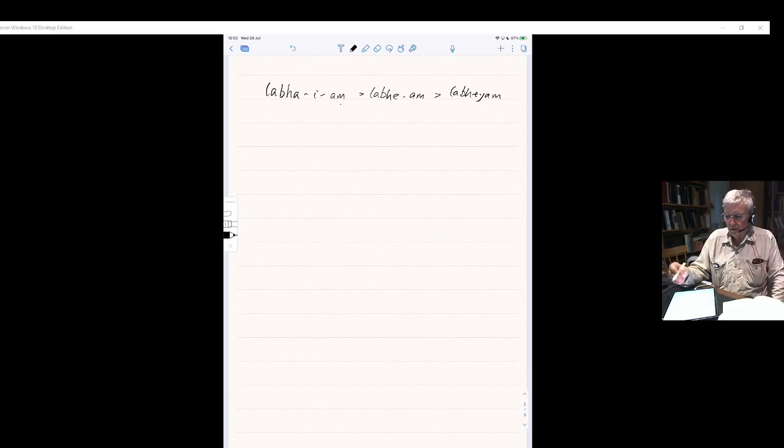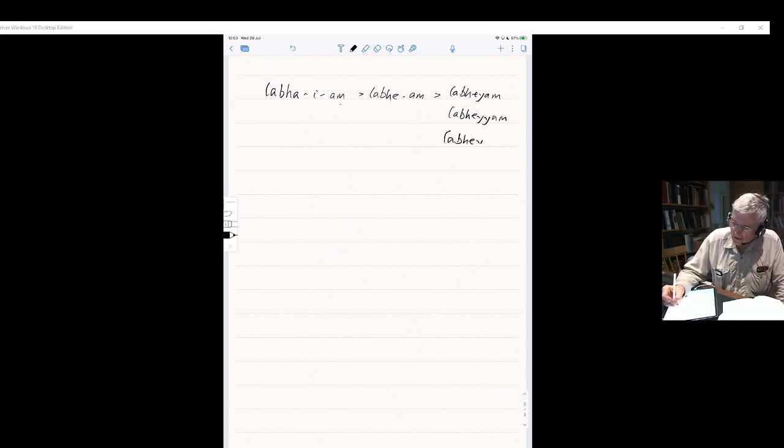So this one is not labheyami. You can have labheyami. You can also have the shorter form labheam. And it is also permitted to have it with a double e, so labheim, or as we've just seen earlier, labheyami.